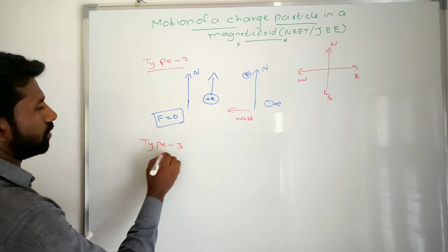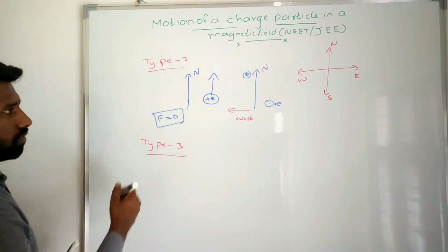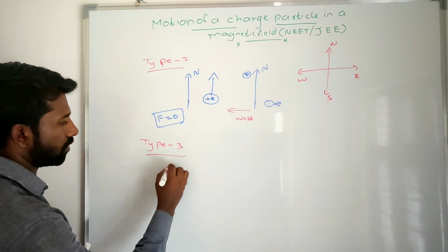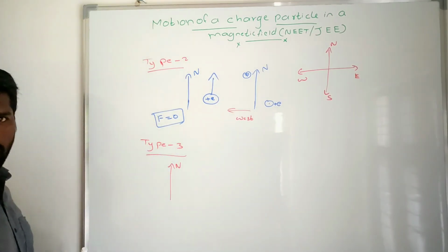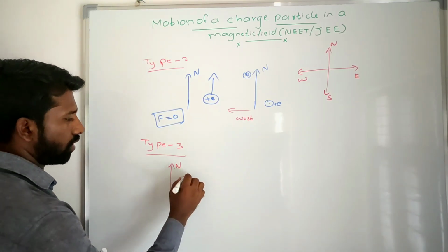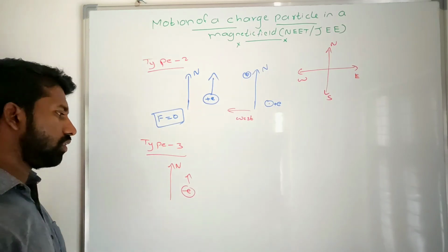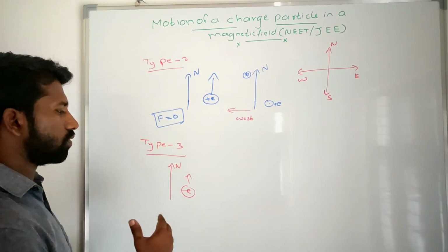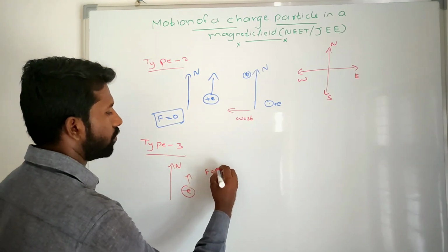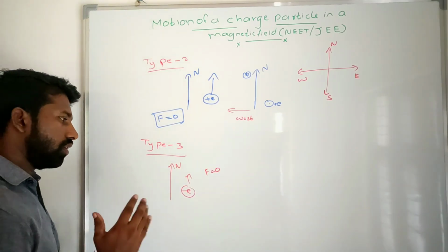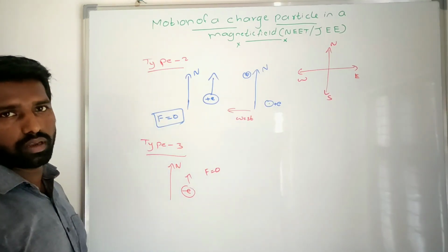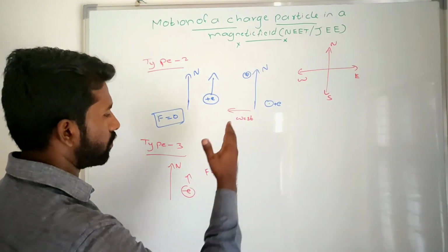In type 3, if the magnetic field is acting towards the north, and an electron moves along the same direction, what about the force acting on it? If an electron moves along the same direction also, the force is 0, because if a charged particle moves along the direction of the magnetic field, the net force is 0.